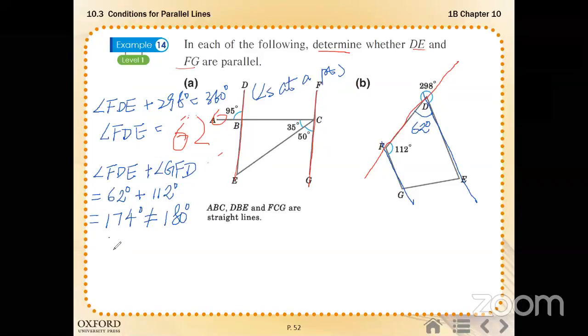Then you can tell. Therefore, you can just copy the words from the question given: are not parallel.